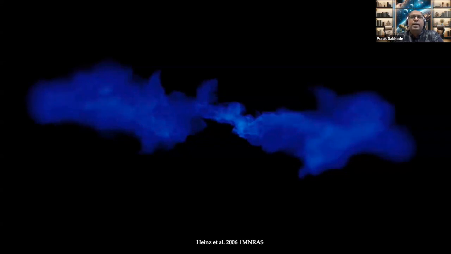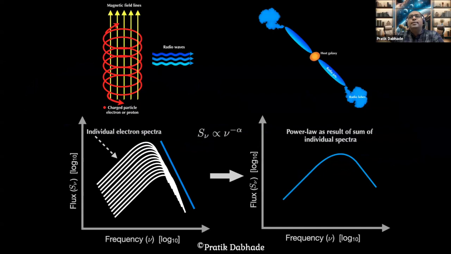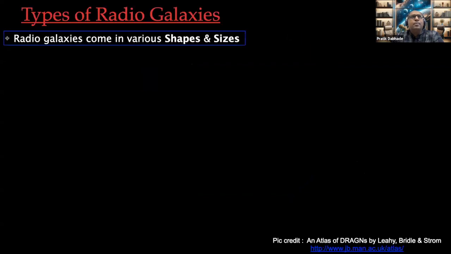But this is just to give you an idea how propagation happens. And like I said, the radio emission is from the synchrotron mechanism, which all of you may be well aware of, so I will not spend time on this.